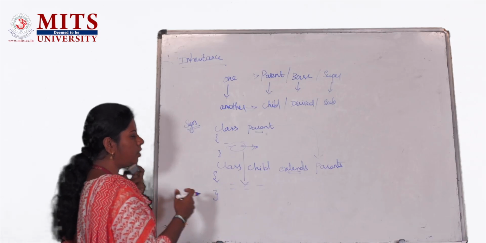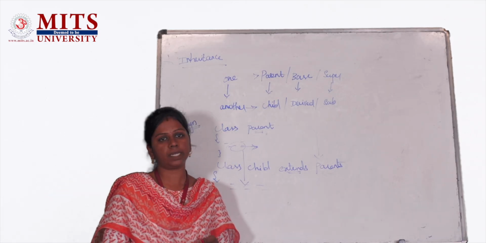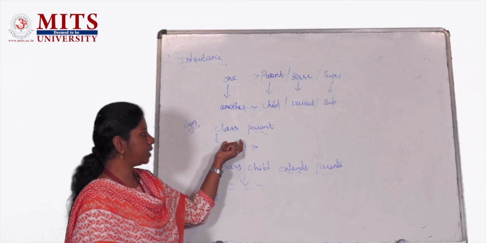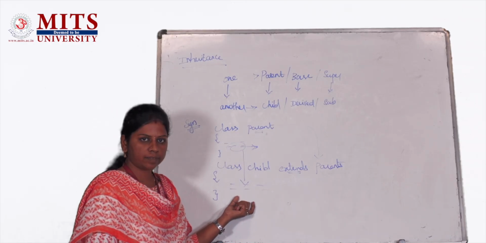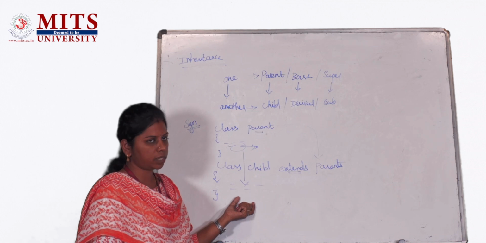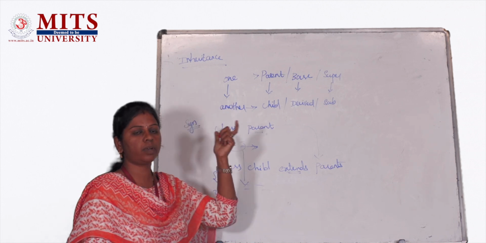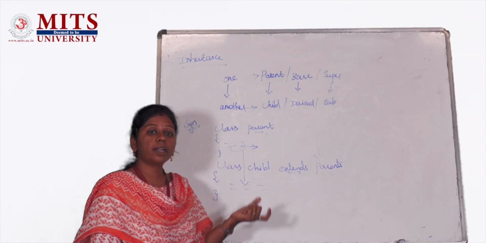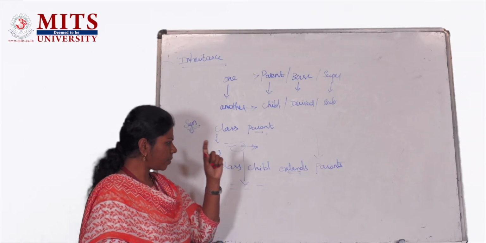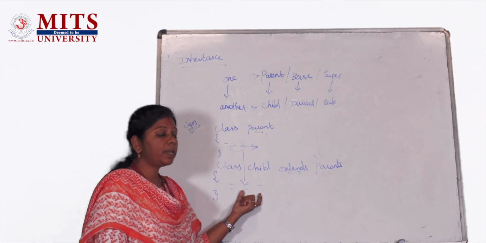The main use of the inheritance concept is code reusability. Whatever we have written in the parent class, there is no need to write again in the child class. That is called code reusability. So the need for inheritance is code reusability, and one more thing: it reduces the duplication of code.